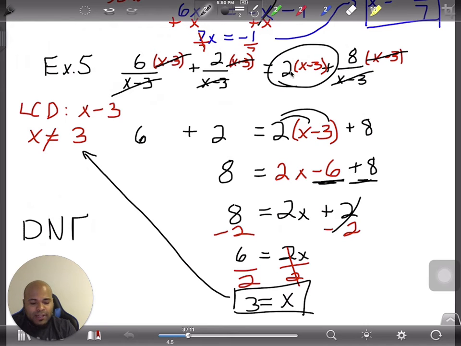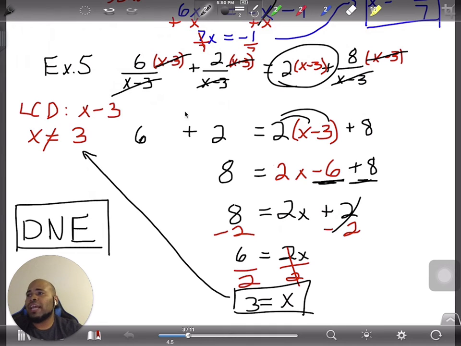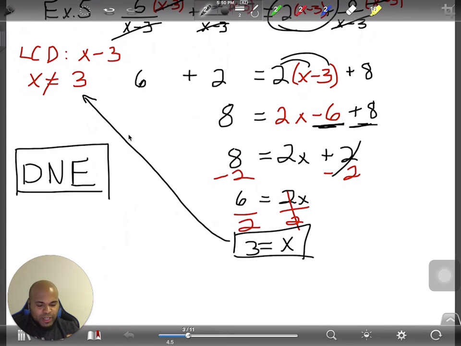There is not a number that will make this original equation a true statement. Okay, so the correct answer is that it does not exist. Why? Because I got the solution x equals 3, but if I plug in x equals 3, it will make the denominator 0, so that does not work. Hopefully that makes sense. Let's move on to the next.